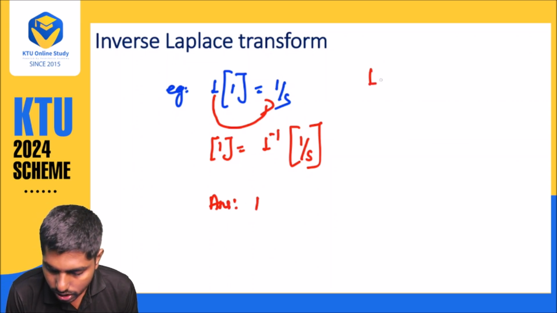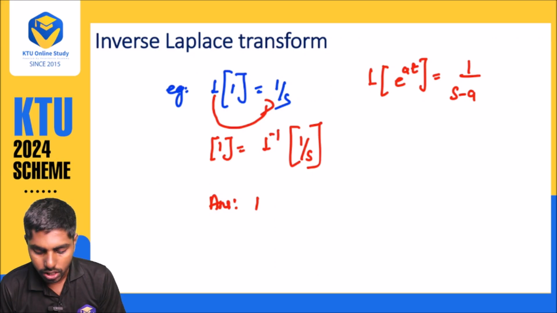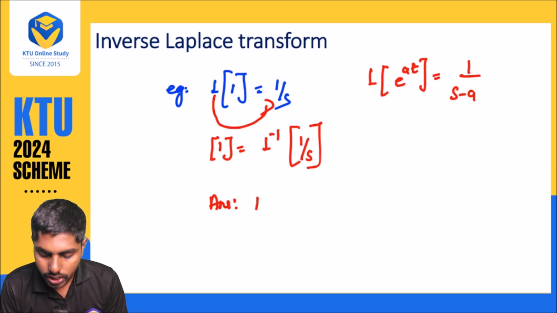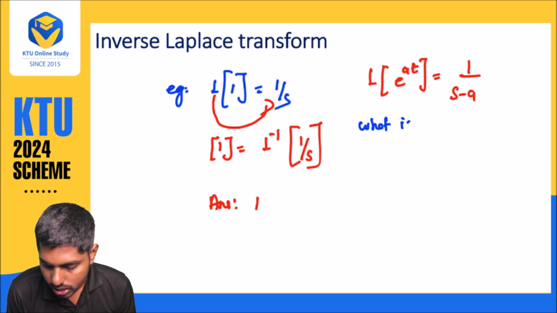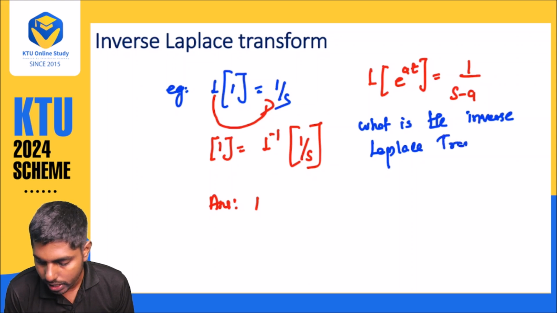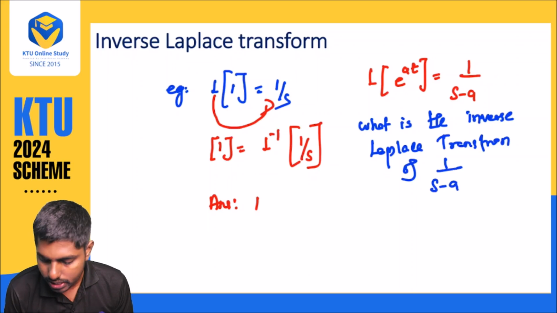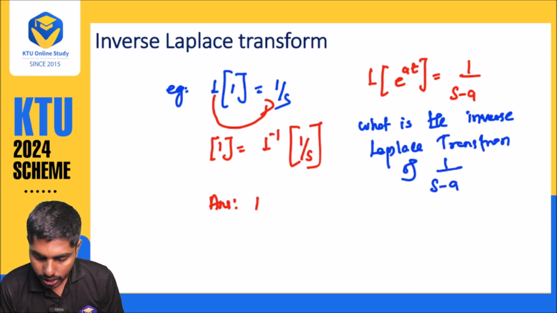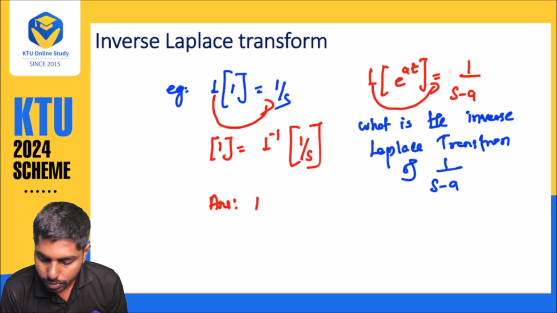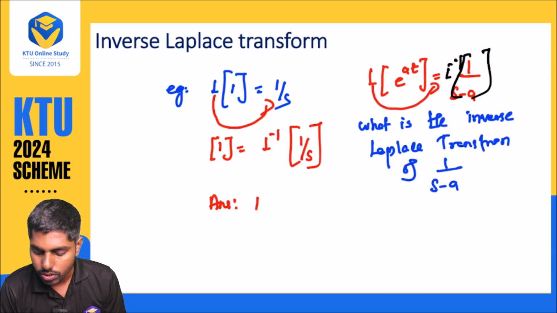Similarly, we can also say that L of e power at is equal to 1 divided by x minus a. This is our formula. So if they are asking what is the inverse Laplace transform of 1 divided by x minus a, taking this L to this side, it will become L inverse of 1 by x minus a.